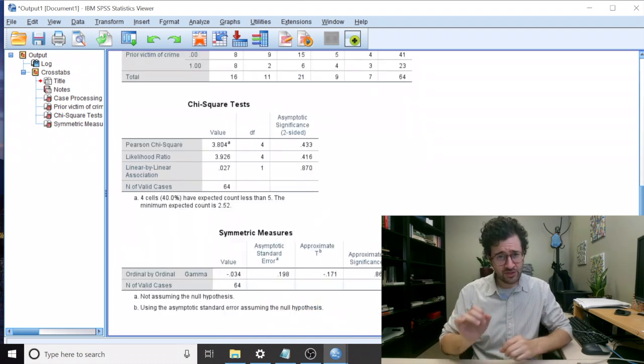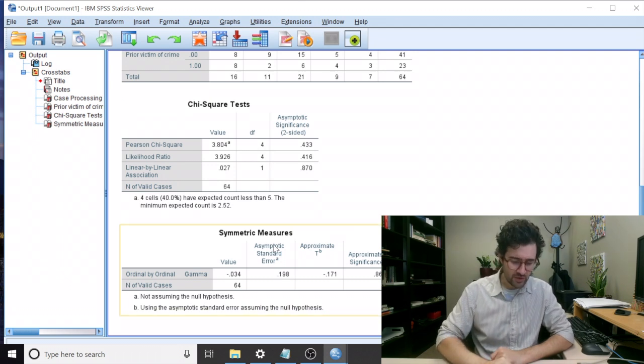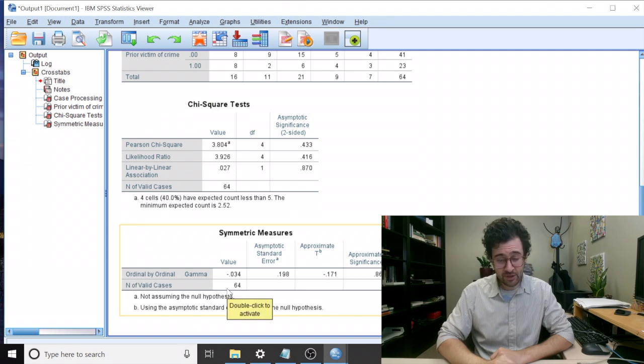So let's imagine for a second that our test of independence was statistically significant. If this is the case, then we want to assess the strength of the relationship, and when we're talking about two ordinal variables, the direction of the relationship. So here I've calculated this gamma coefficient, and we can see that it came out to be negative 0.034.